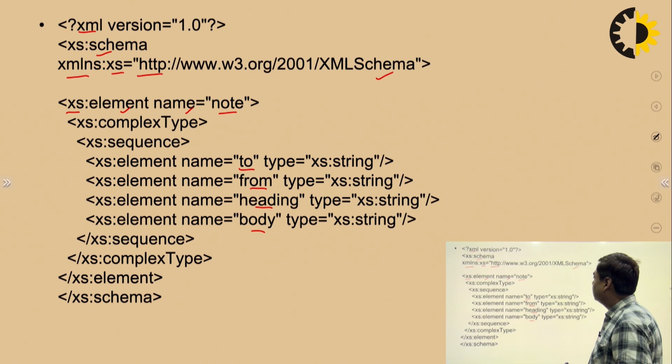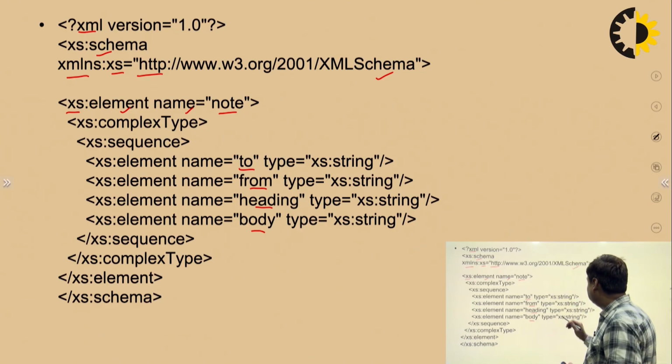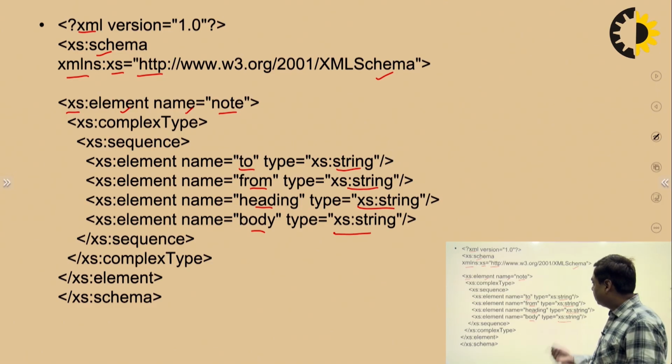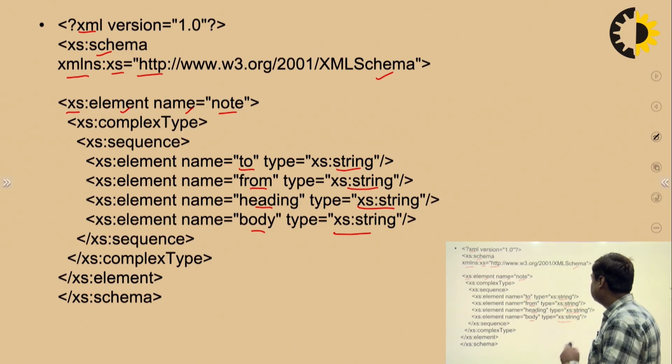Here we have defined the name of this element as to, and the content of this element will be of type string. Similarly, we have given the type of the from element as string, the heading element as string, and the body element as string. So we have defined 4 elements and the content of those elements will be of type string.